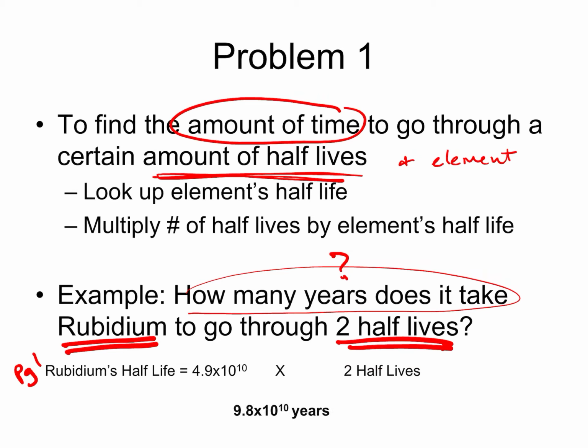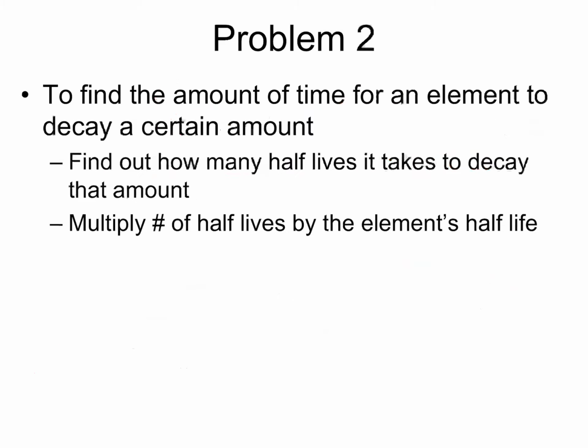And you're going to get this. Okay? So when you do the math, you come out to 9.8 times 10 years. So that's your answer to problem 1 on your worksheet. So remember, it's going to take the half-life and multiply it by the number of half-lives that they gave you in the question.